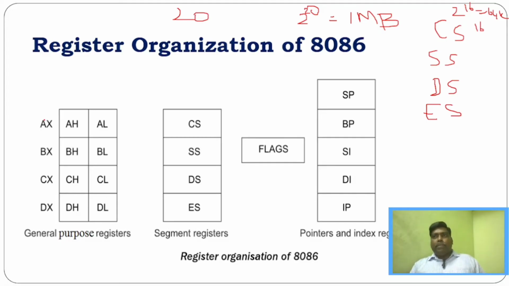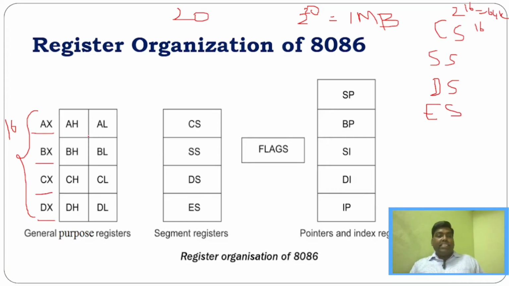Normally general purpose registers are used for the temporary storage of data or instructions. And here we have 4 different general purpose registers, A, B, C, and D, which we represent as AX, BX, CX, and DX. All these are 16-bit.